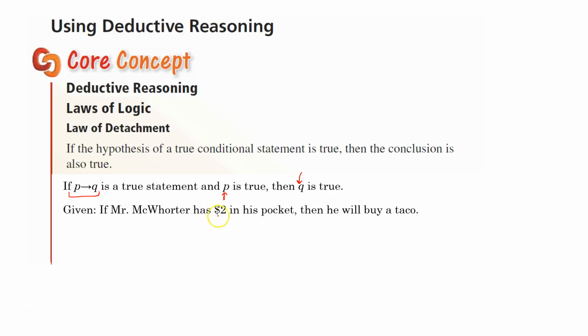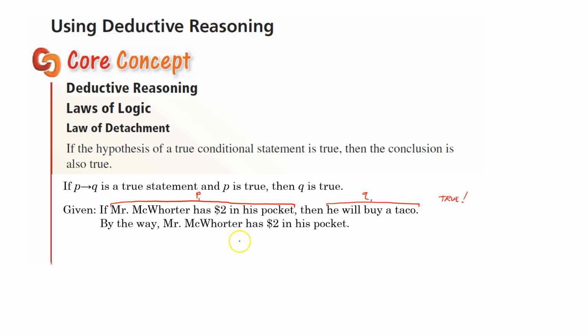For example, if Mr. McWhorter has $2 in his pocket, then he will buy a taco. So this is P implies Q. If P, then Q. And I will tell you right now that this is true. Oh, by the way, let it be known that Mr. McWhorter has $2 in his pocket. So that means that P is true.